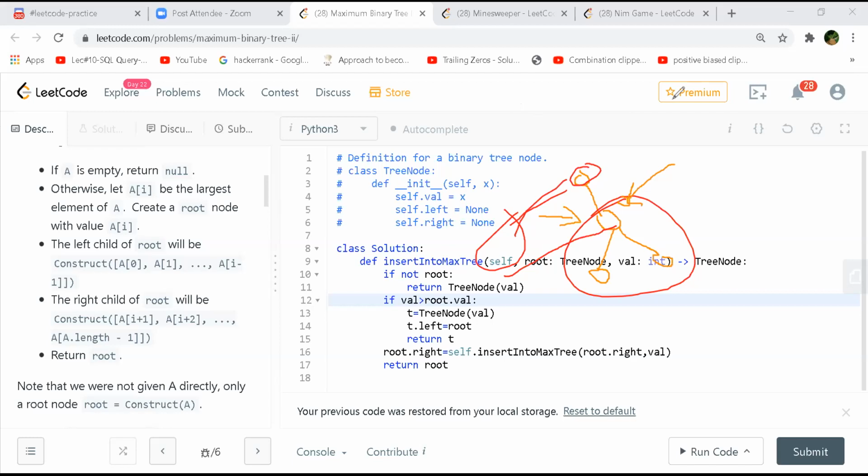I'm creating a new node there, and to the left child I'm putting this root over there. Oh, okay.